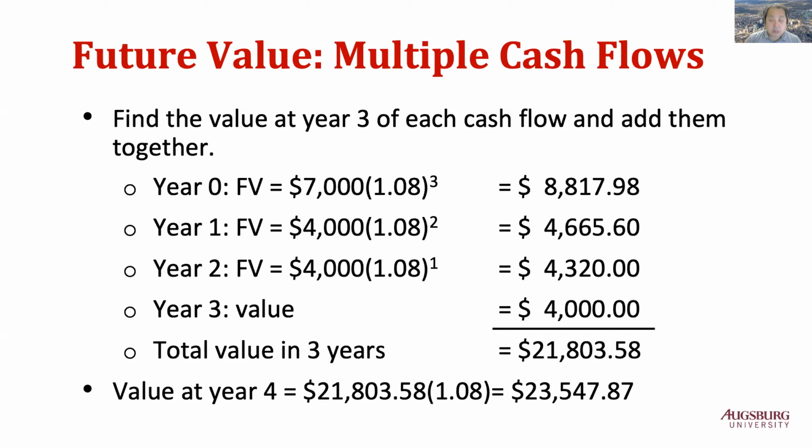So year 0, currently we have $7,000. Up to year 3, so if we draw a timeline, this is timeline. 0, 1, 2, and 3. And you have 7,000 and 4,000, 4,000, and 4,000.